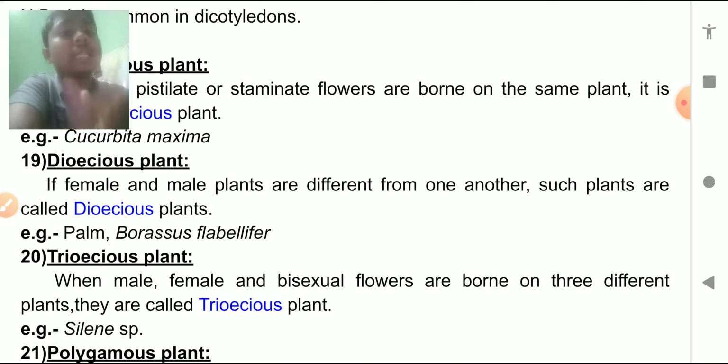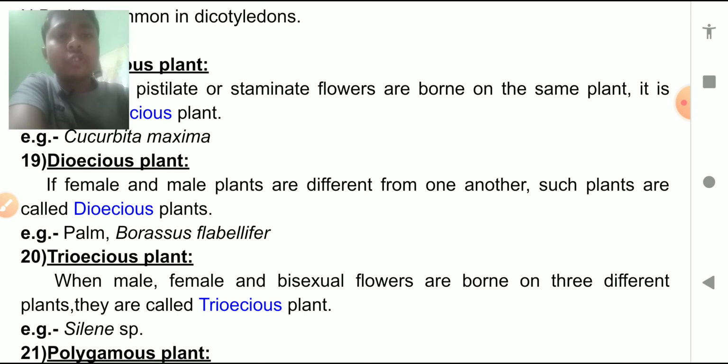Dioecious means male and female flowers are borne on different plants, and when a plant bears only a single sex organ, it is called a unisexual plant.